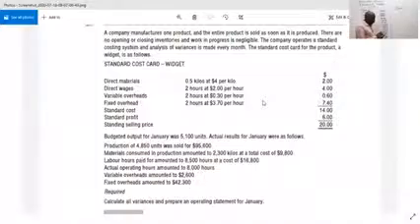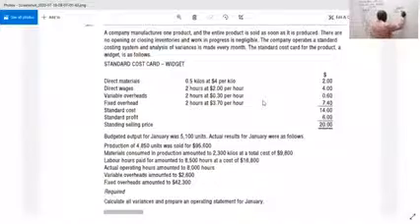In the actual information section, you are able to see the actual sales revenue. As you are seeing them, you will be writing them in your book. The actual sales revenue is 95,600.